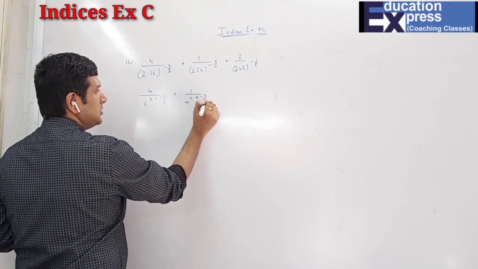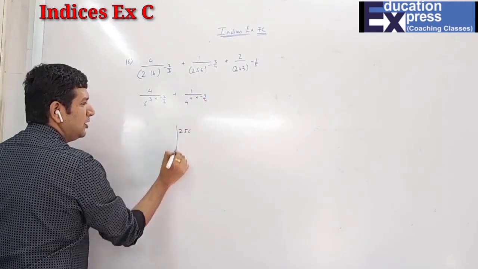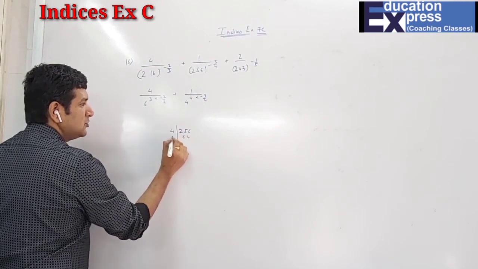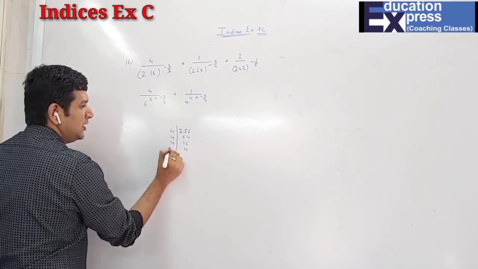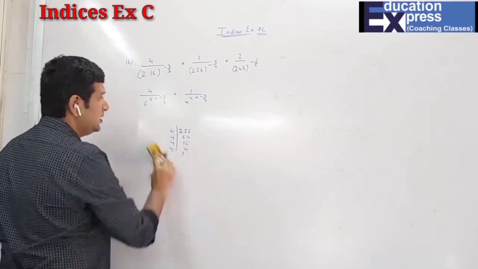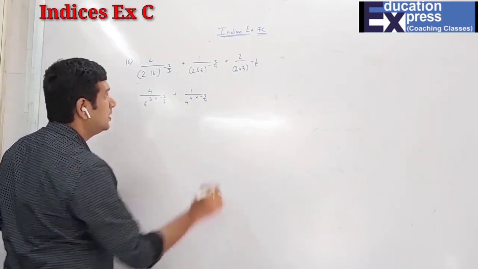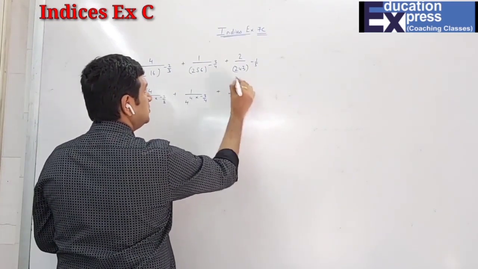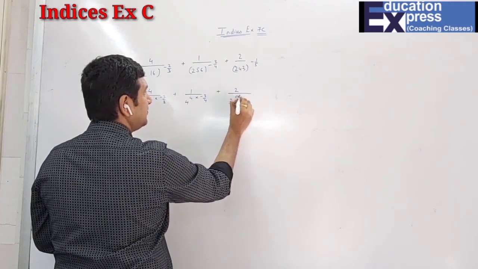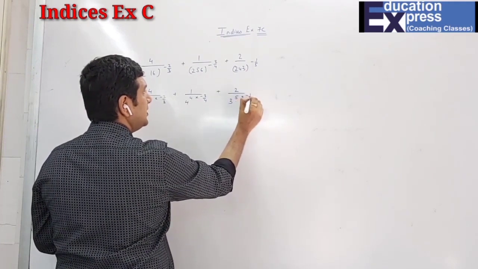Obviously everyone knows how to do that. Just find the factors and you come to know. 64, 256, and 243, which is 3 raised to 5, into minus 1 upon 5.